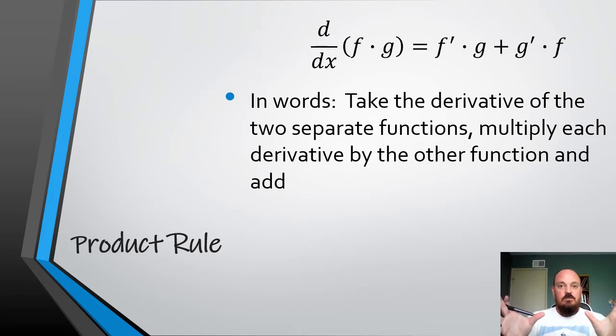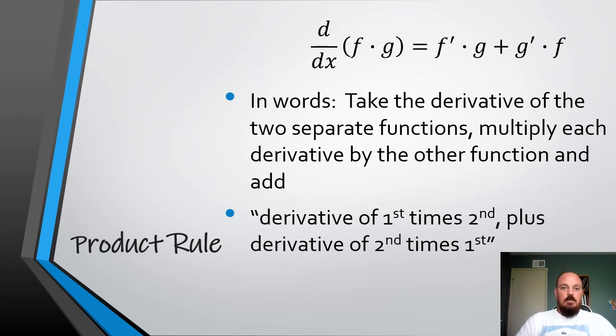You don't just take the derivative of each one and move on. You take the derivative of each function and multiply that times the other function. The derivative of f gets multiplied by g, the derivative of g gets multiplied by f, and then it all gets added together at the end. What I like to say to myself when I'm doing a product rule question is that f is the first function, g is the second function, and I do derivative of the first times second plus derivative of the second times first.